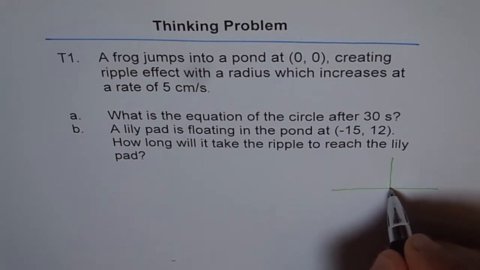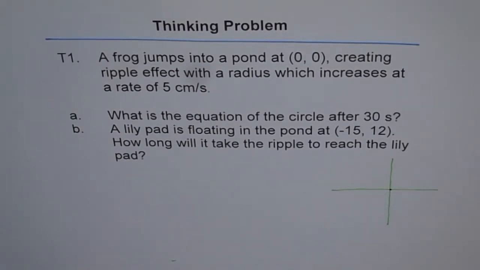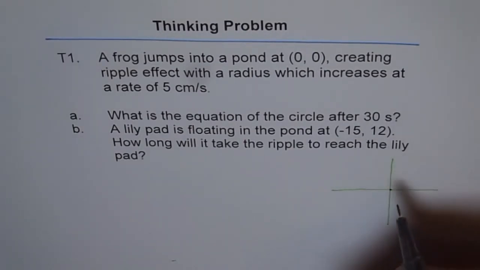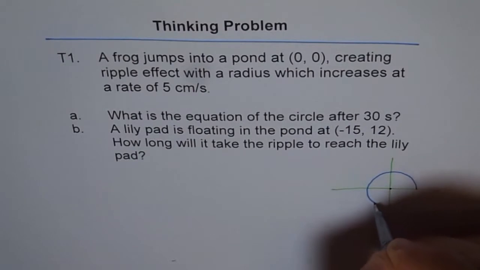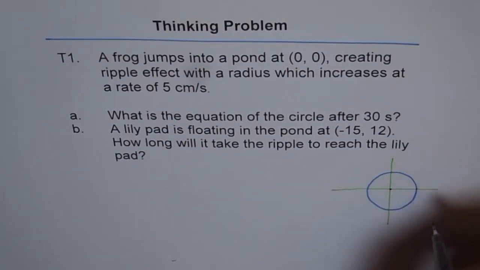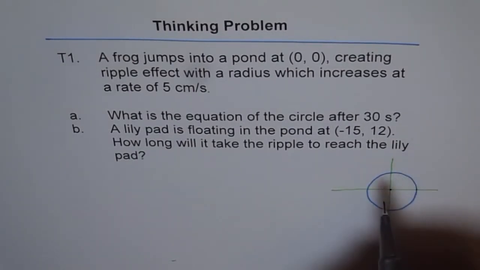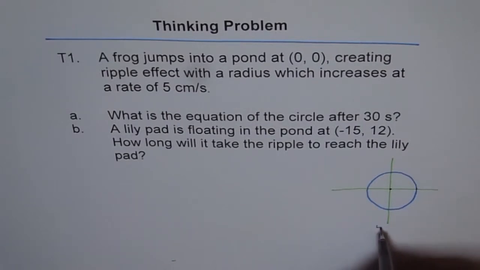So it jumps here. So what is happening? As soon as the frog jumps, there will be waves created which will move like a circle. So let's make a circle here like this, right? So that's the circle. And now it's increasing at the rate of 5 centimeters per second.